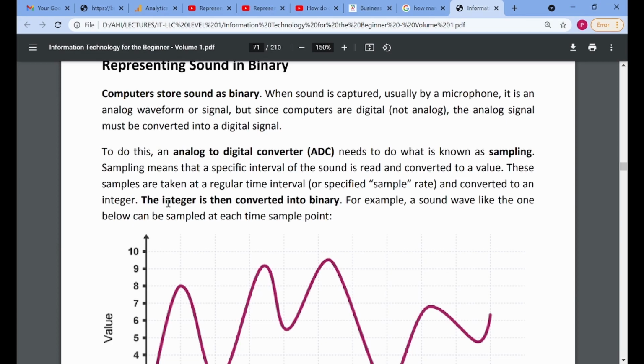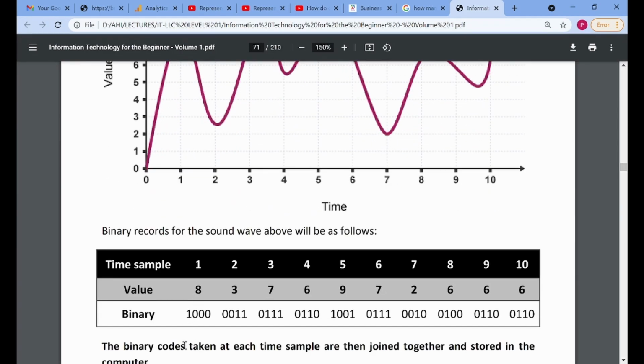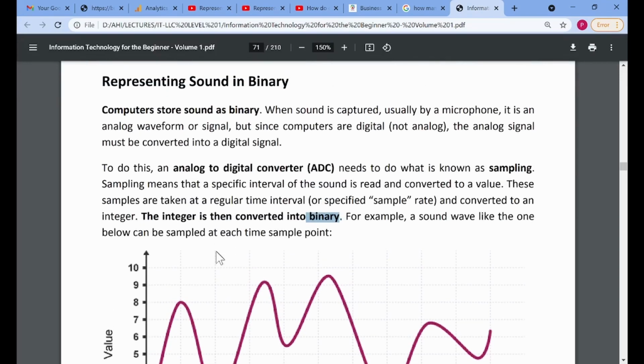The number that is recorded is then converted to binary. If the number recorded is 8, that 8 can easily be converted to binary.